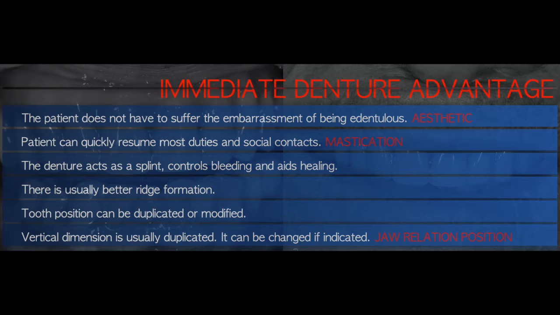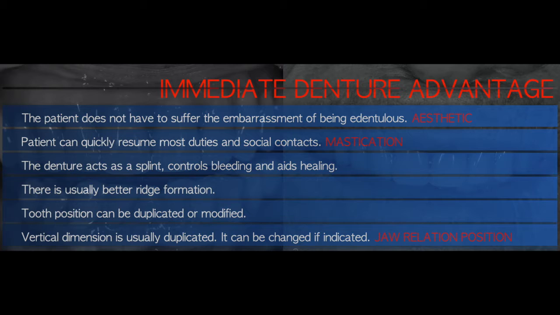And also with an immediate denture, you have the teeth present. You can see that the patient still has existing teeth, and the teeth position can be duplicated. Compared to full dentures, where you don't have any reference about tooth position or tooth shape, in an immediate case the patient still presents with a few teeth remaining, or all, and you can duplicate the position.